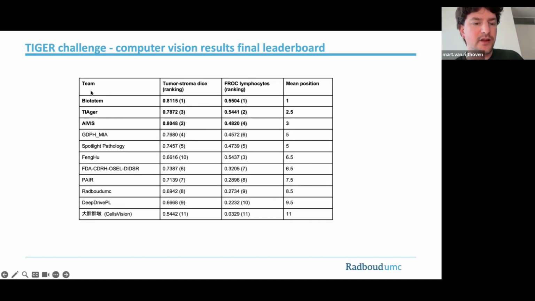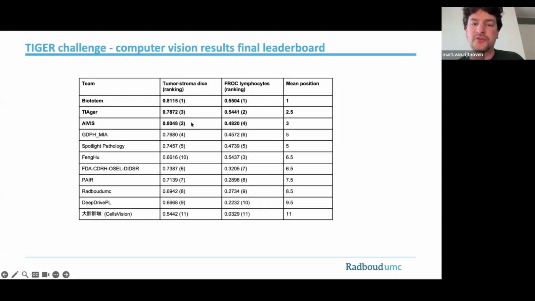And here you see that Biototem, Tiger, and AIVIS were the top 3. Tiger is a team from the TIA Center, so that's pretty cool that they were second place here. So we evaluated the tumor stroma dice and the FROC score for lymphocytes.